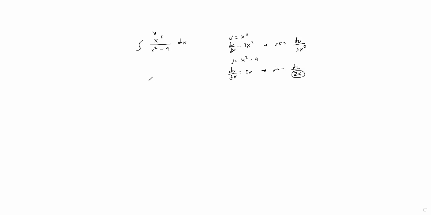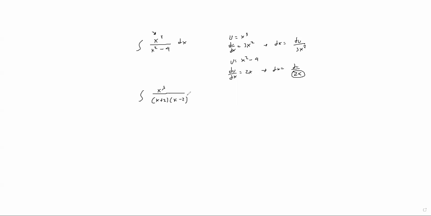What we can do first is change this fraction into partial fractions. Basically, we want to make it into smaller fractions as far as the denominator is concerned. So we're going to factorize the denominator. We get the integral of x cubed divided by bracket x plus 2, bracket x minus 2.